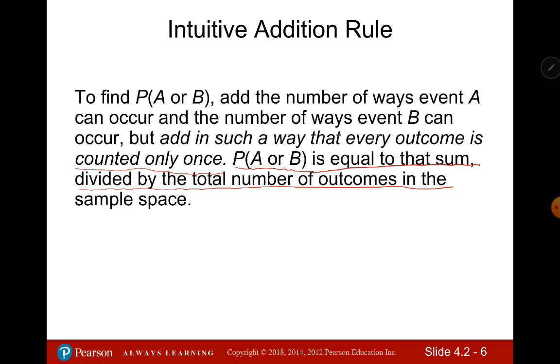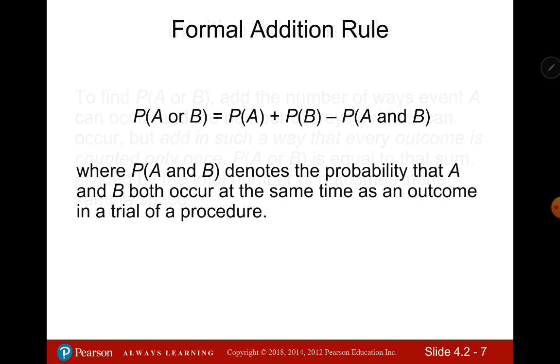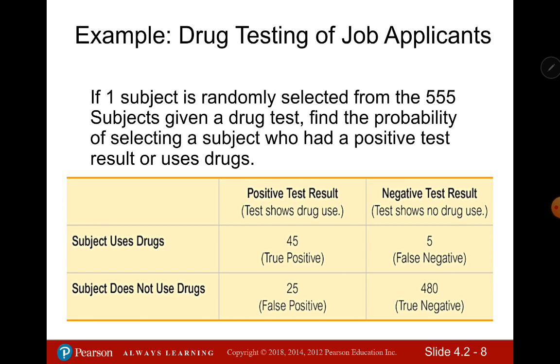In this rule, we can use the sum of the number of times event A happens and event B happens, divided by the total number of outcomes. But make sure every outcome is counted only one time. The second way is to use the formal addition rule, the formula. Let's check this example. We can use the two rules to get the answer.